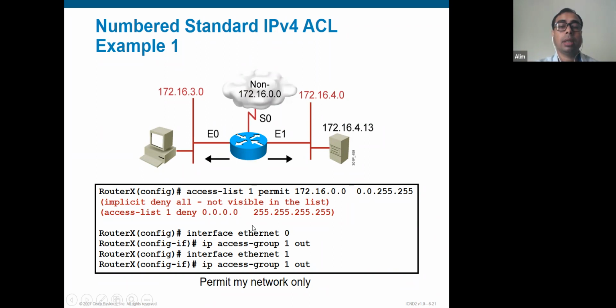What is happening here? Access list 1. At first you will write access list, and then 1. 1 means 1 to 99, any number you can write here from 1 to 99 range, or other ranges also, which are mentioned. Then what do you want to do?